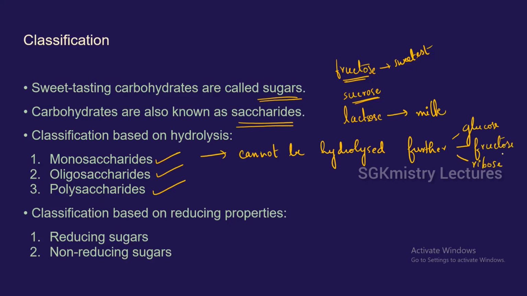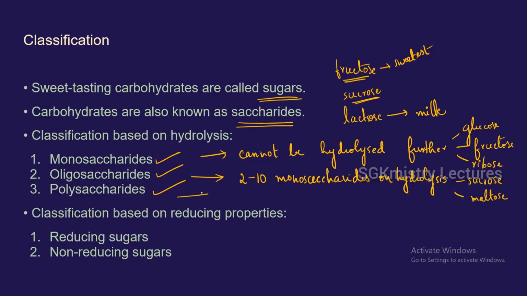All these are important examples of monosaccharides. When oligosaccharides are subjected to hydrolysis, they yield around 2 to 10 monosaccharides. Examples are sucrose, maltose, etc.